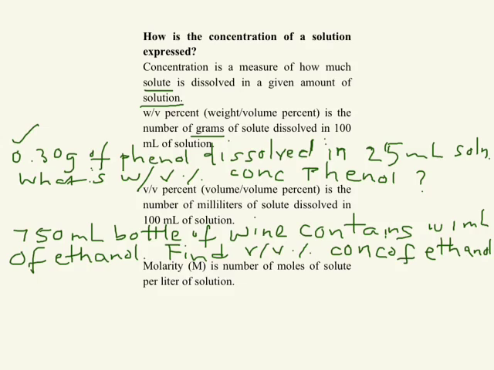So we know that weight by volume percent is equal to grams of solute, which is 0.30 grams, divided by milliliters of solution. And how many milliliters of solution are there? 25 ml. And to change it to the percentage, you multiply by 100.